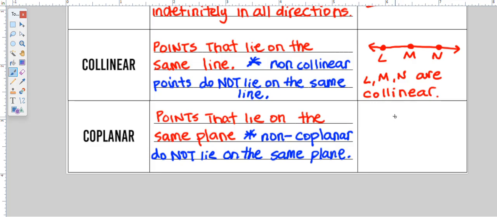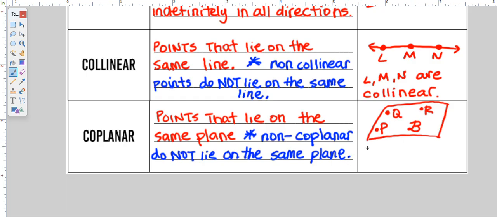Okay. And my example here, if I have a plane, remember a plane we illustrate kind of like a rectangle. This is going to be plane QRP, or PRQ, however you want to name it. Call that R, and we'll call this P. And we will name this plane B. Remember, we always have a cursive letter to name that.